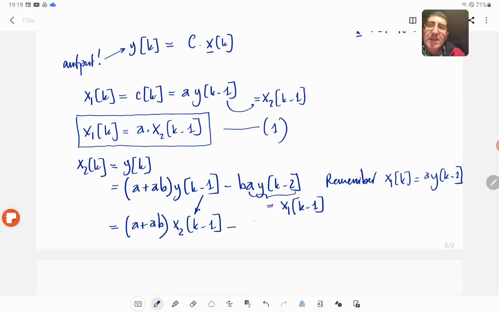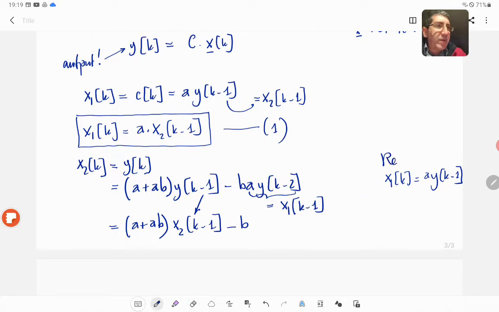And this is the other term, minus b. Oh, by the way, did I forget? Yes, I forgot the additional term here. Let me correct that for you.